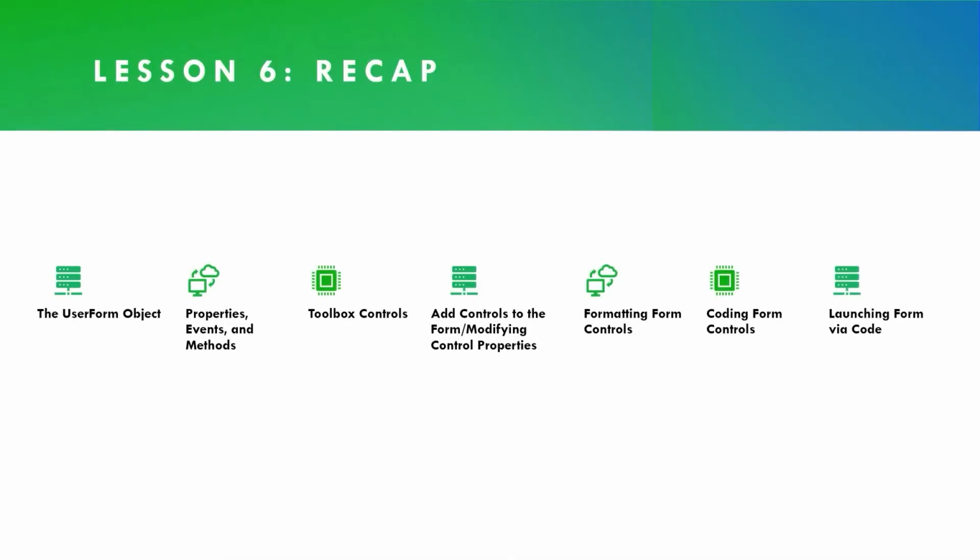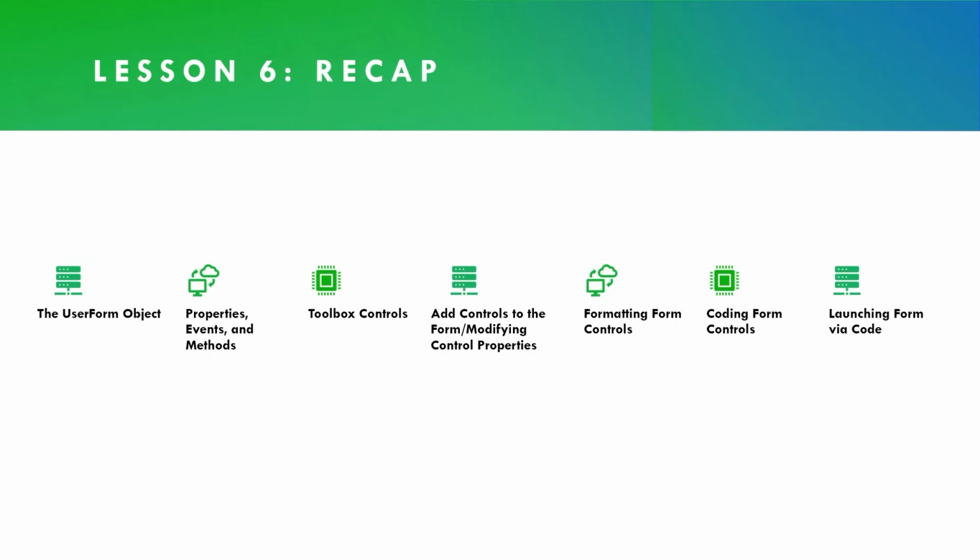In this lesson, we learned about and used the UserForm object. We changed some form properties, and we went over some properties, events, and methods for form controls. We accessed the toolbox to be able to get to our form controls, and we added controls to the form and modified their properties.